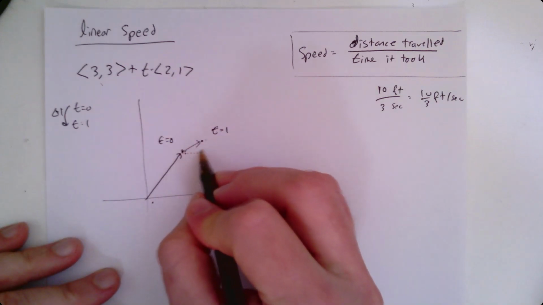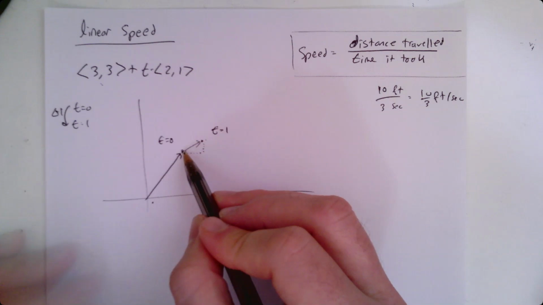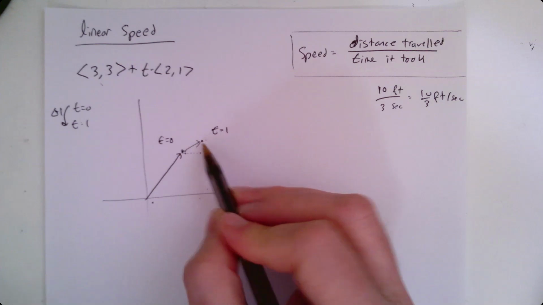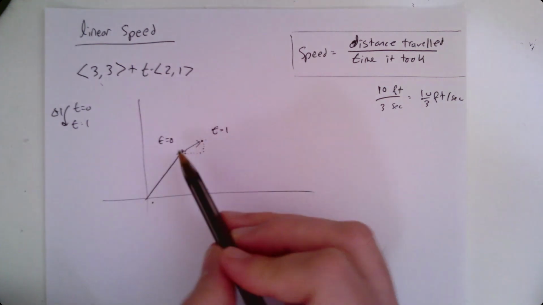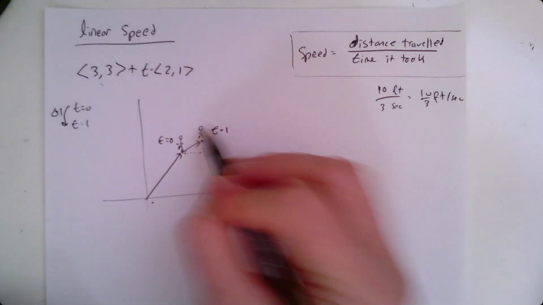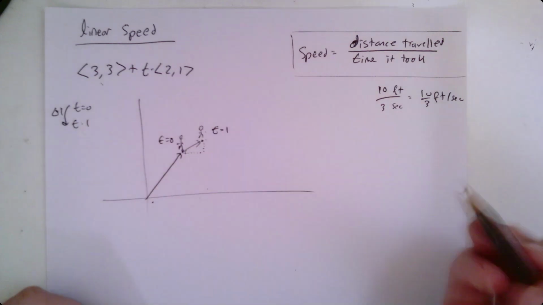But actually, if you think about it, the distance that I walked was just this diagonal distance. I walked along this vector. So it seems like in the 1 second, if I started here and ended there, I just traveled that far. And we know a word for that. That's the magnitude of the vector.